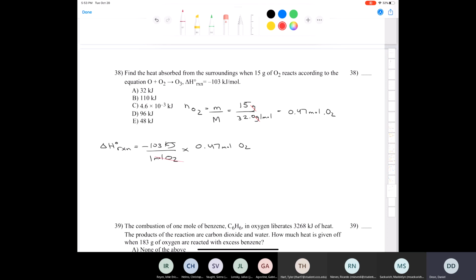We can see that moles of O2 cancel out, and I'm left over with the amount of heat that's produced, that's going to go into the surroundings, which would be negative 48 kilojoules. Now remember, it's telling us absorbed from the surroundings. They've given us an exothermic reaction, but if we change the sign, it becomes an endothermic reaction. So the answer has to be a positive number, and it would be positive 48 kilojoules.